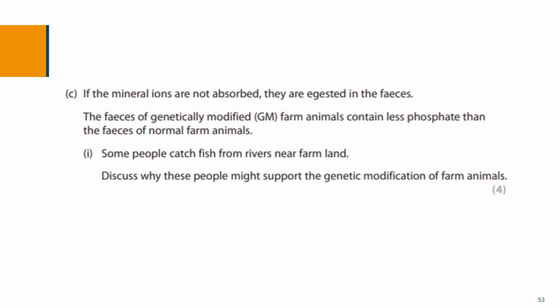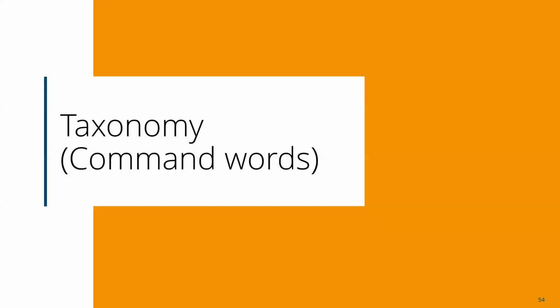Yeah, and everybody's got this one. So AO2, because when it's discuss, it can't be AO1. There's no practical context there, so it can't be AO3. So it's clearly AO2, which is nearly everybody has gone for. Excellent. Well done.